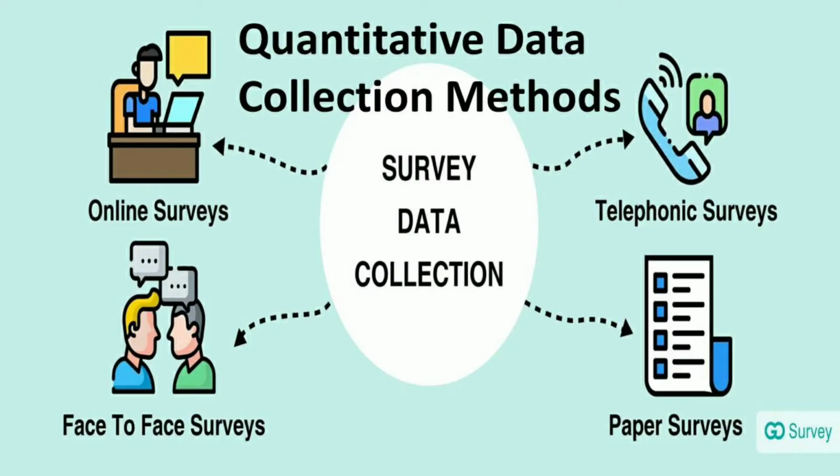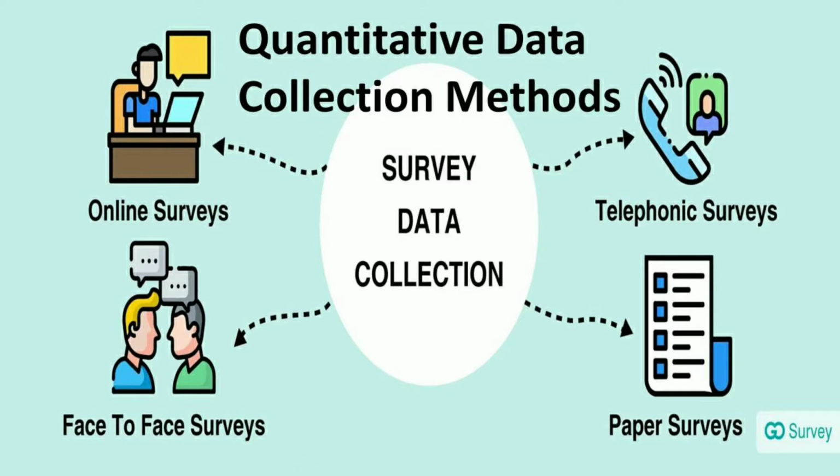Quantitative research uses measurable data to formulate the facts, and it is generally used when you want to confirm or test something, a theory or hypothesis. Now we are looking into the various quantitative data collection methods. It includes various forms of survey methods like online survey, paper survey, mobile or telephonic survey, and face-to-face interview.